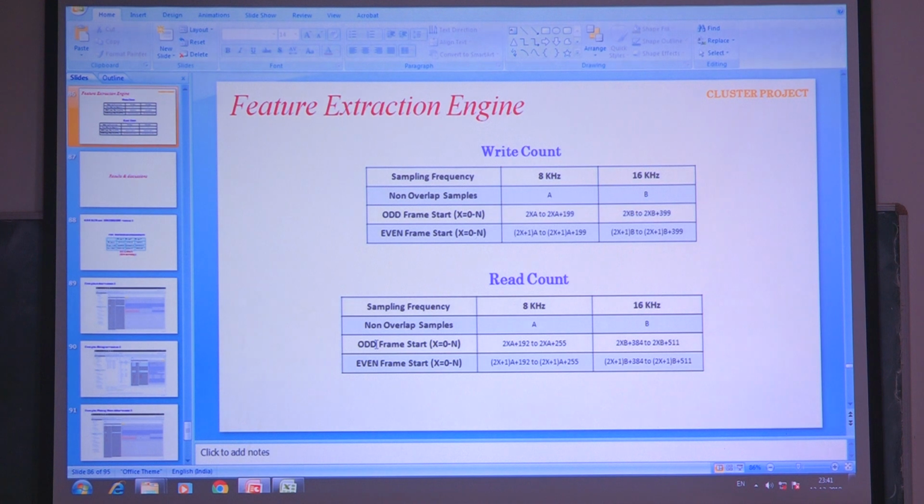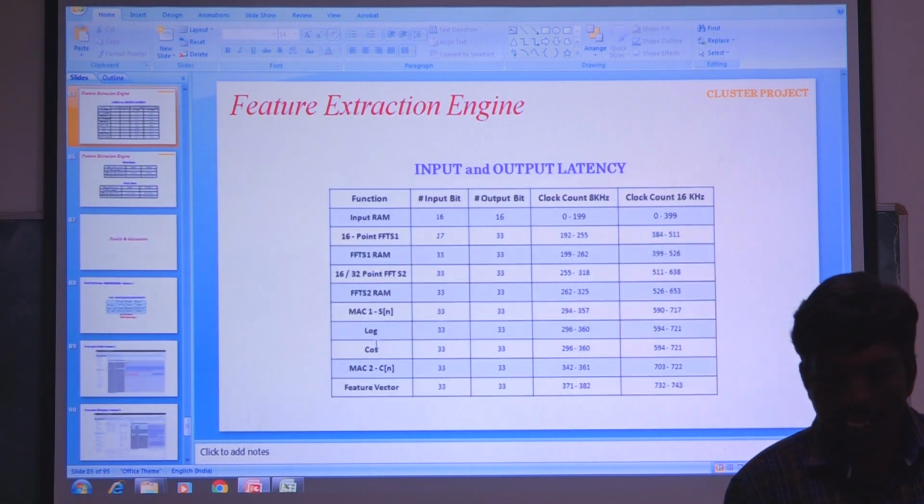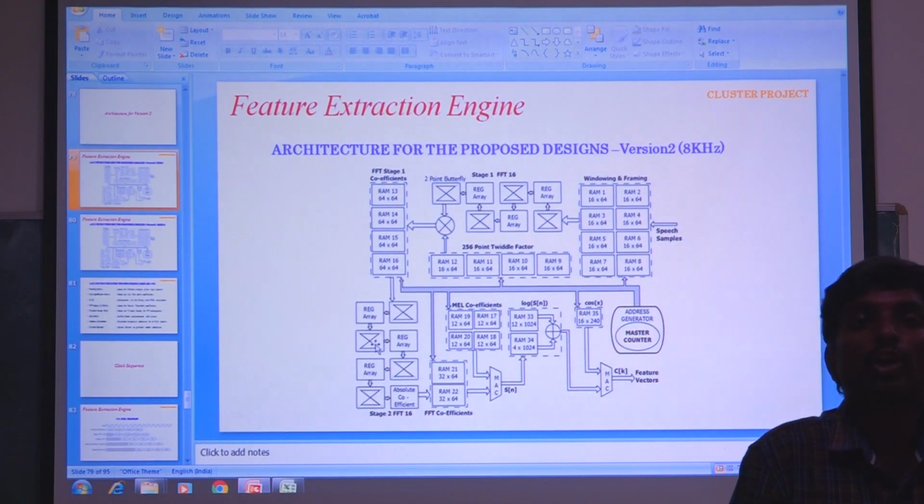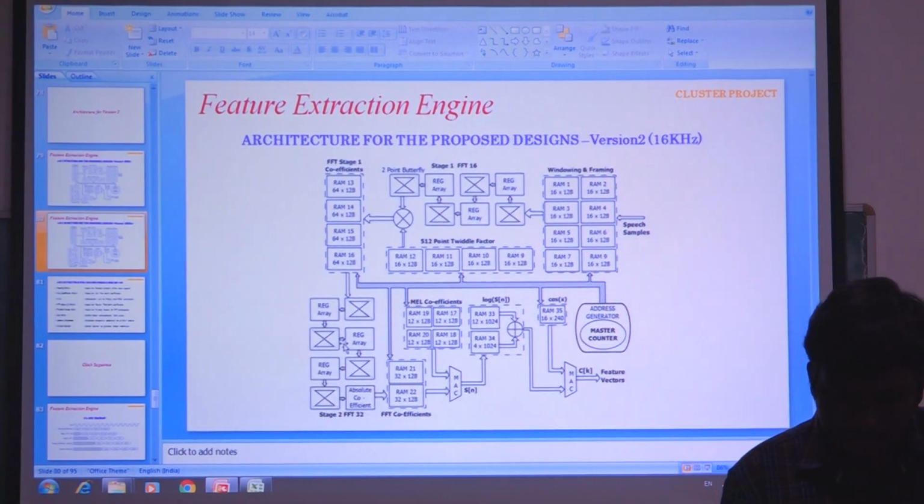Similarly, for the even frame, (2x plus 1)A plus 192 to (2x plus 1)A plus 255. Similarly, for the 16 kilohertz, (2x plus 1)B plus 384 to (2x plus 1)B plus 511. So, since we have mathematical functionality inside it, the entire architecture can be built as a configurable design.